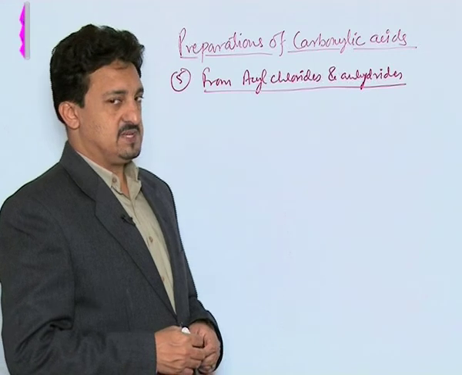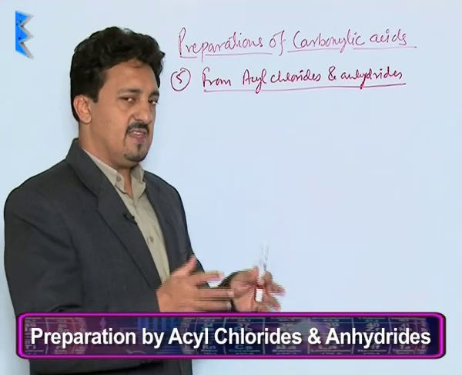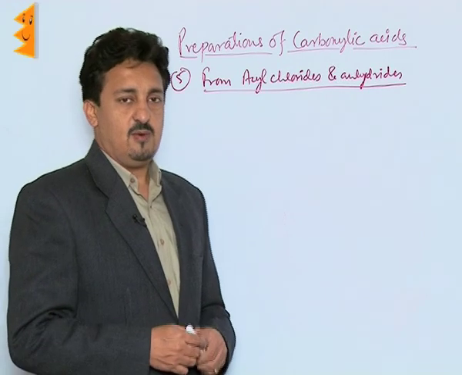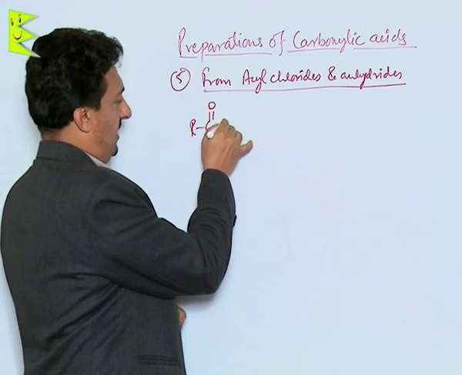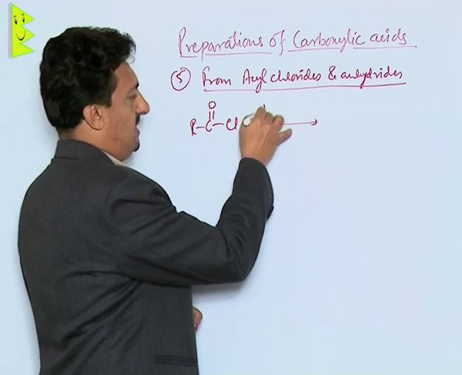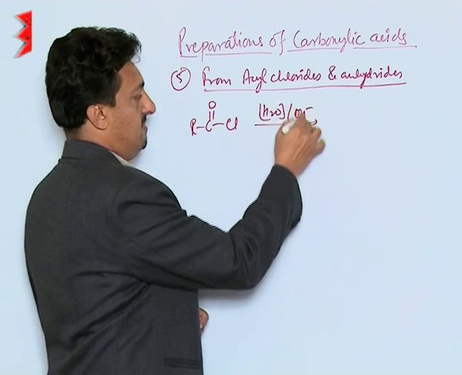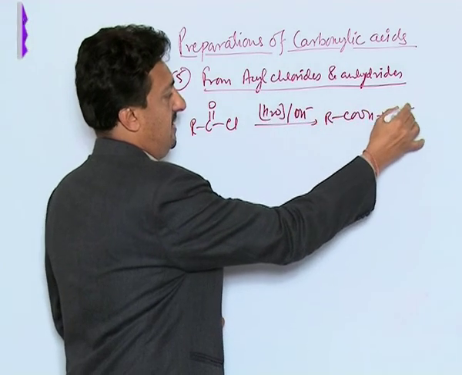The next method is by the hydrolysis of acyl chlorides and anhydrides. See, these are acid derivatives which can easily be hydrolyzed to the carboxylic acids. Let's take an example of the acyl chloride. Now this acyl chloride can easily be hydrolyzed in basic medium, which will give us carboxylic acid and the Cl outside.